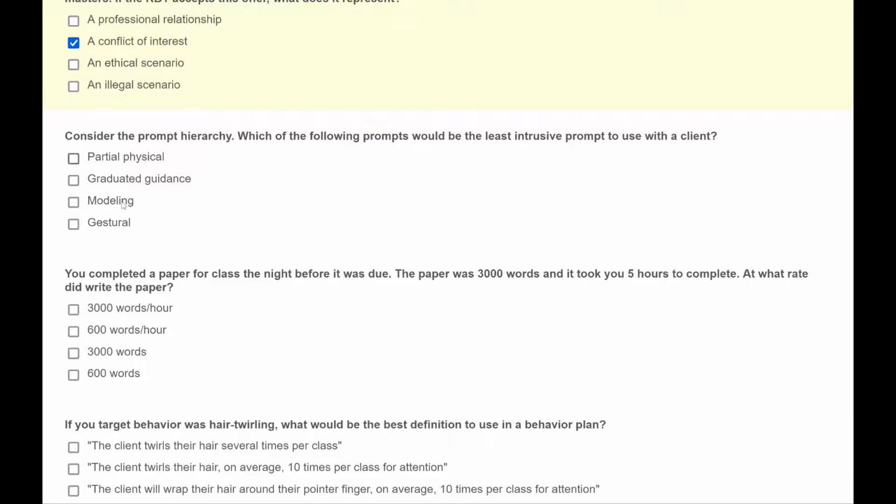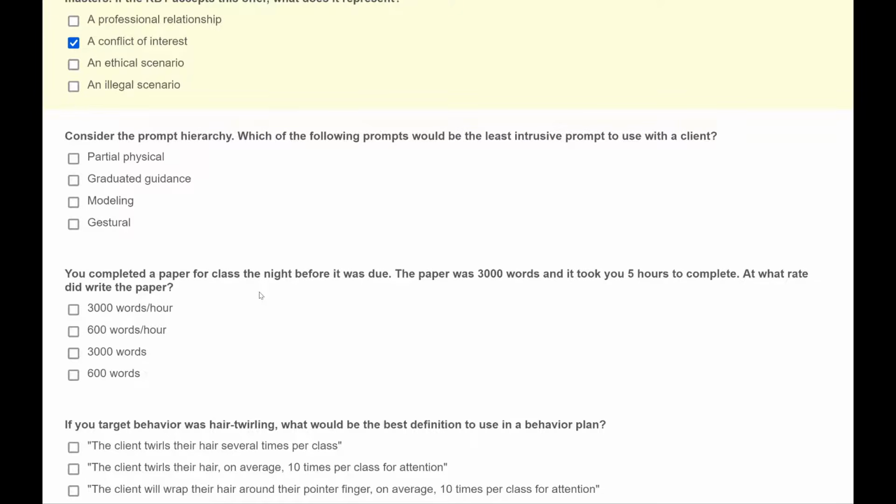Now, what about graduated guidance? Because if we look at this, right, we're looking for least intrusive, so we'll eliminate partial physical, we'll eliminate modeling, because gestural is going to fall under, on the hierarchy, partial and modeling, right? Gestural is going to be less intrusive than those two. However, what is graduated guidance? Graduated guidance is simply using physical prompts as necessary.